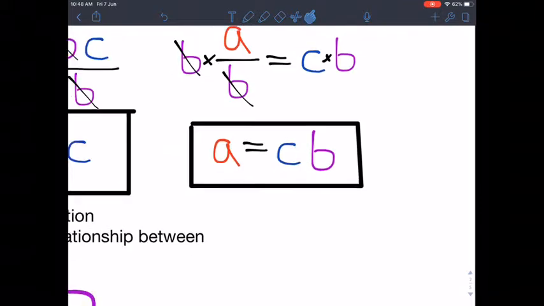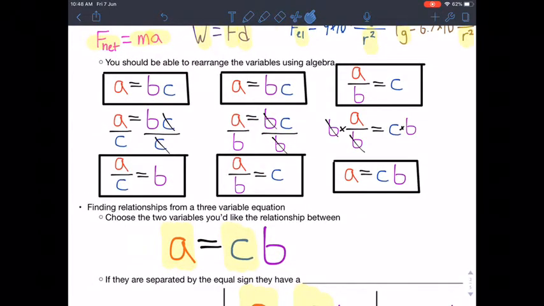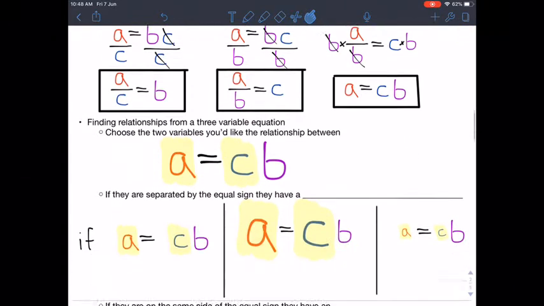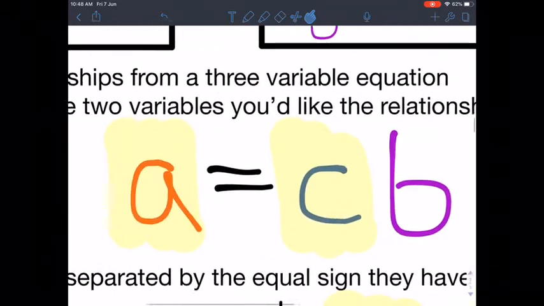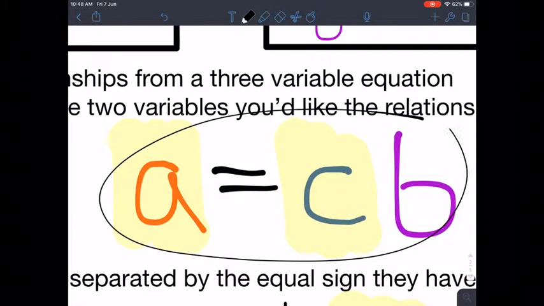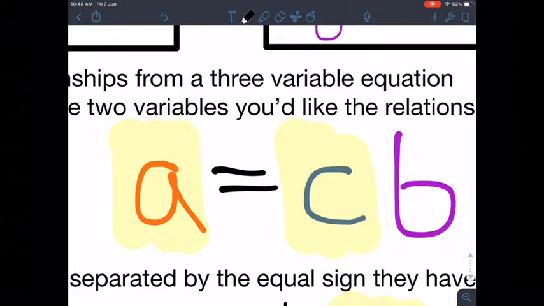Okay, notice that I can do that without even plugging in numbers, and that's helpful in letting me identify what kinds of relationships we have. All right, so let's say we're looking at a three variable equation that is in this format. Something equals something times something, which is really what most of our equations are going to look like at this point.